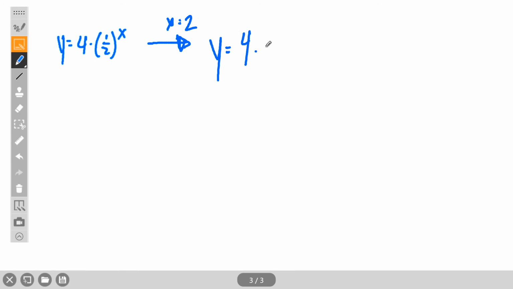Y is equal to 4 times 1/2 squared. You can put this into a calculator or you can just do it like this. Either way, you'll get 0.25. And 4 times 0.25 is 1.